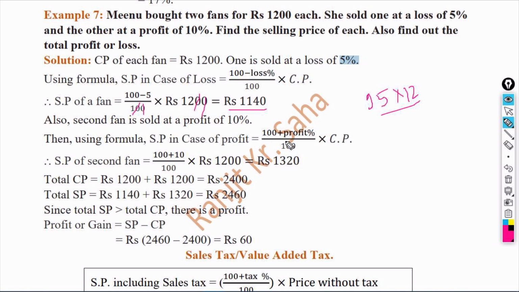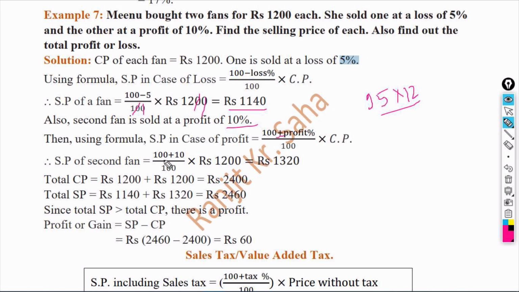Now let us calculate the selling price for the second fan. A similar formula you have to use there. Here it is a profit, so you have to add the profit percent. Then 100 plus 10 by 100 into rupees 1200, since there is a profit of 10%.